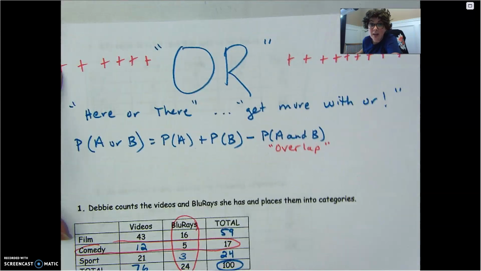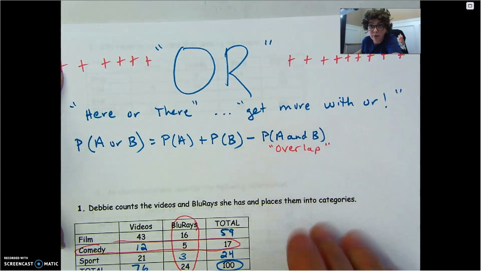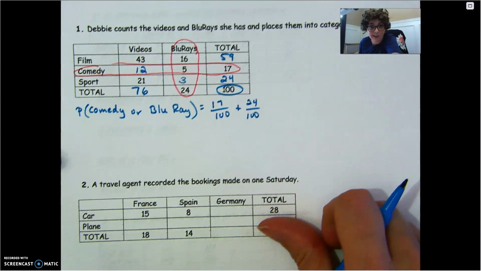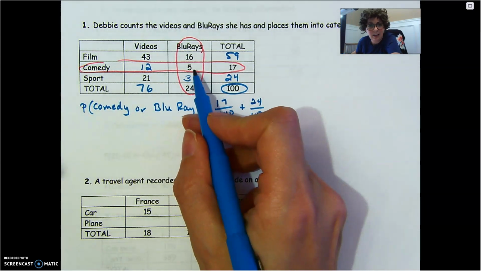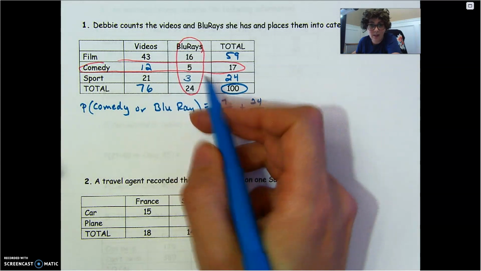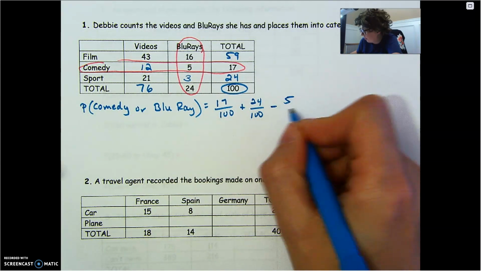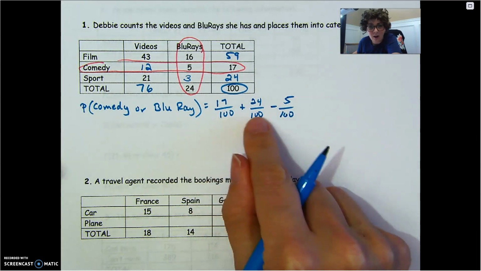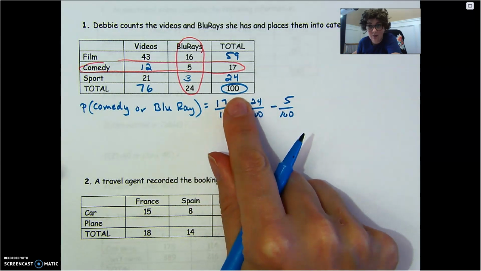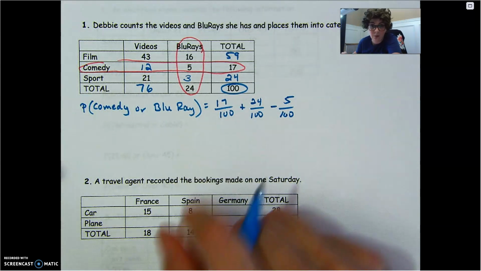But you get more with or. Whoops. So we got to backtrack a little bit. What did we overcount? What did we do twice? Well, it looks like the number 5 was circled twice. So we're going to subtract off that overlap, that 5 out of 100. Notice my denominator for all of these has been the grand total. All right, that's going to be the case for your OR problems.